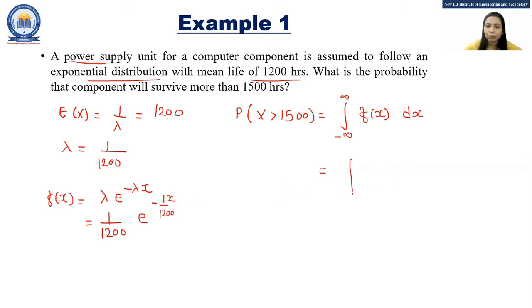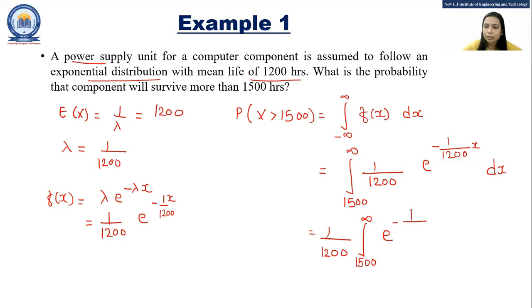Here we can put the value of f(x), and we want the probability of X > 1500. So we can write the integration from 1500 to infinity of (1/1200) e^(-x/1200) dx. Now 1/1200 is constant, so we can take it out of the integration.